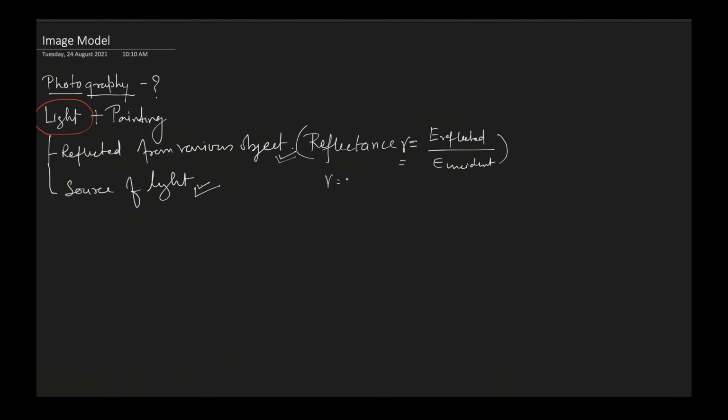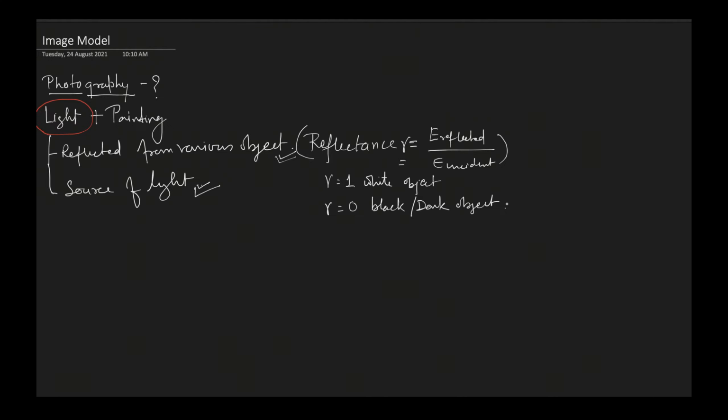So reflectance r is equal to 1 for a perfectly white object or a very shining object, a silver colored object. The minimum value for r will be 0 for a black, dark object. Correct? Yes.